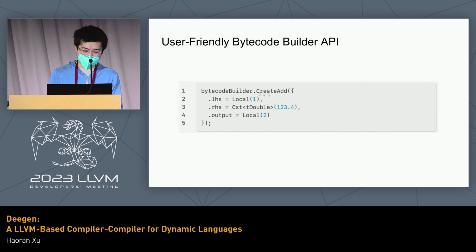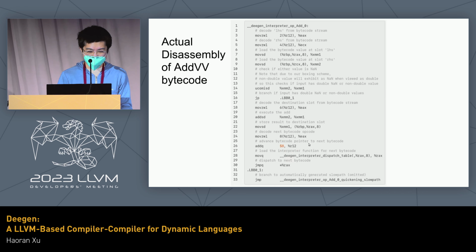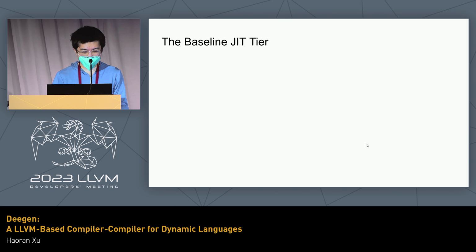Like this, it just creates an add saying that LHS is slot 1, and RHS is a constant double, and the output is in slot 2, things like those. And Xu-Deegen automatically generates a highly optimized implementation of the interpreter and the JIT from the semantics. And I don't have time to cover the exact generated assembly.